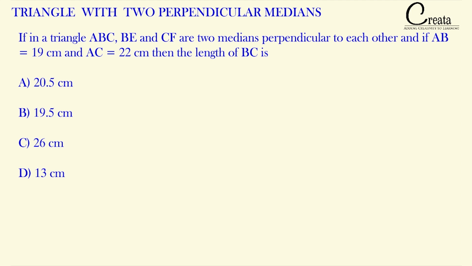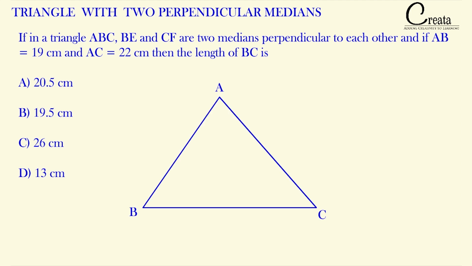First is 20.5 cm, second is 19.5 cm, C is 26 cm and D is 13 cm. Let's solve the question. Firstly, let's make the figure. Let's take a random triangle ABC. Let's take the two medians as CF and BE, and these two medians are perpendicular to each other. AB is given as 19 cm and AC is given as 22 cm.